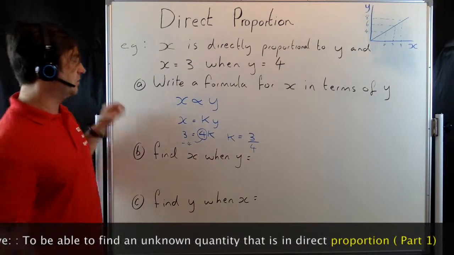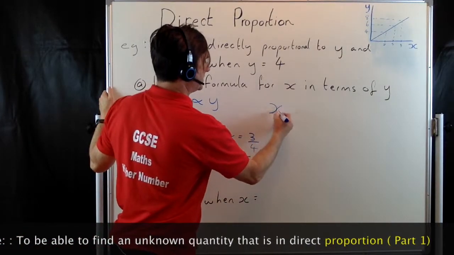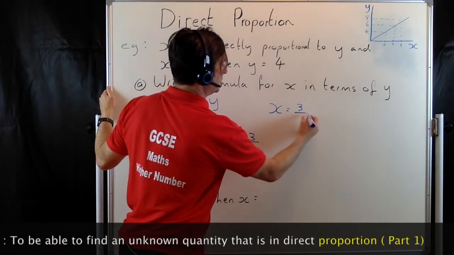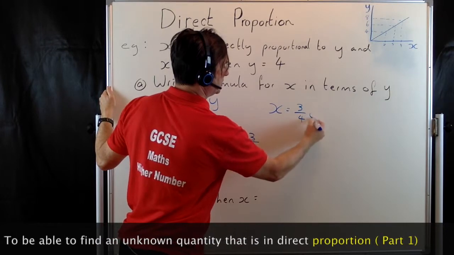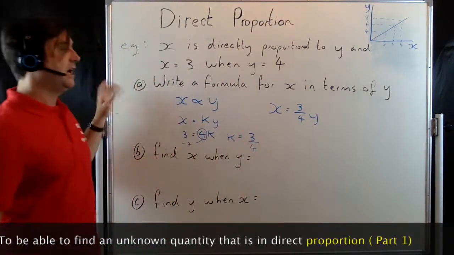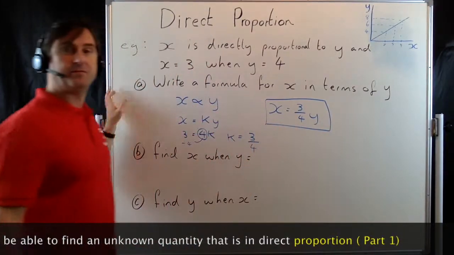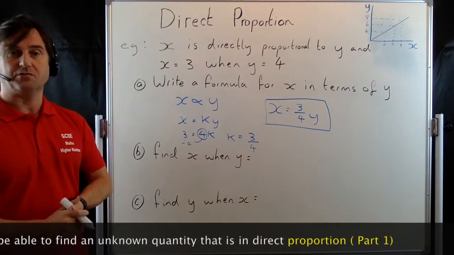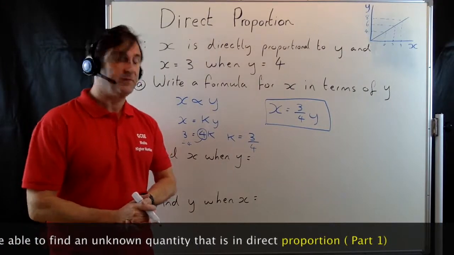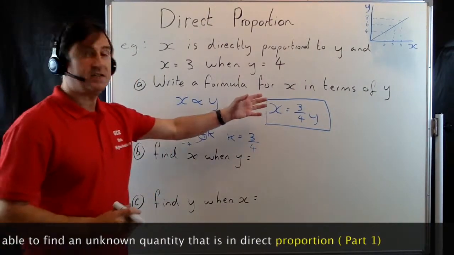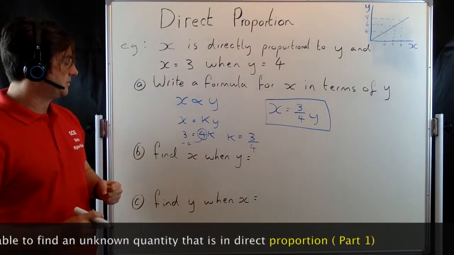So my formula would become X equals 3/4 of what Y equals. And that's my proportionality formula. That would usually get you 2 or 3 marks at GCSE higher level. Once you've done this, then it's extremely easy to work out the other two.